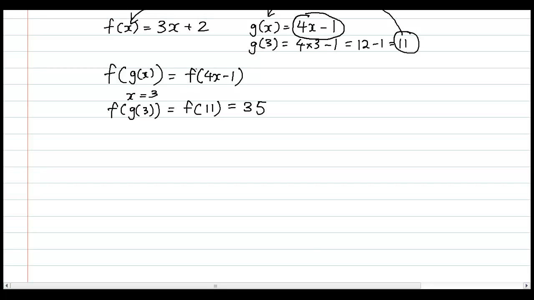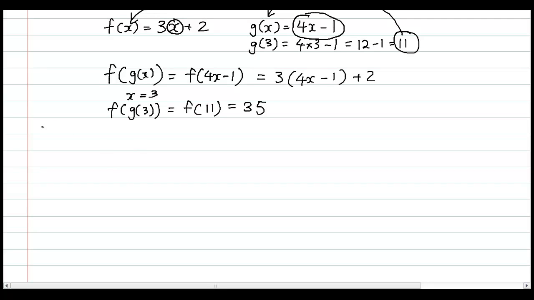Instead of writing x inside the function f, you rewrite wherever x occurs as 4x minus 1. So then this becomes 3 bracket 4x minus 1 plus 2. Okay, so that is an algebraic expression for f of g of x.